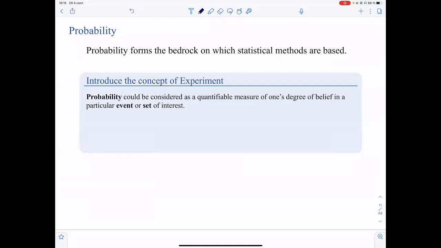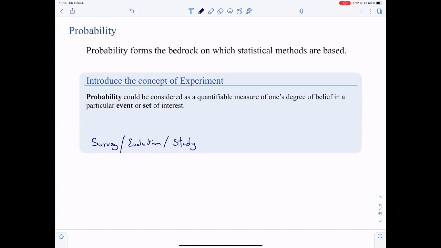If you cannot repeat the experiment, this is not an experiment. It's called a survey, or it might be called an evaluation as well, or it's usually called a study.